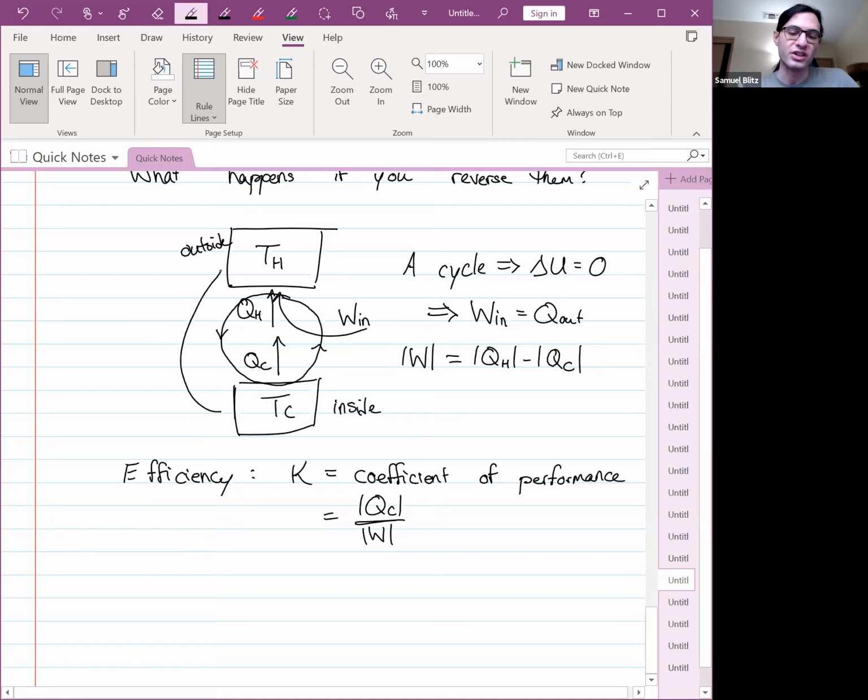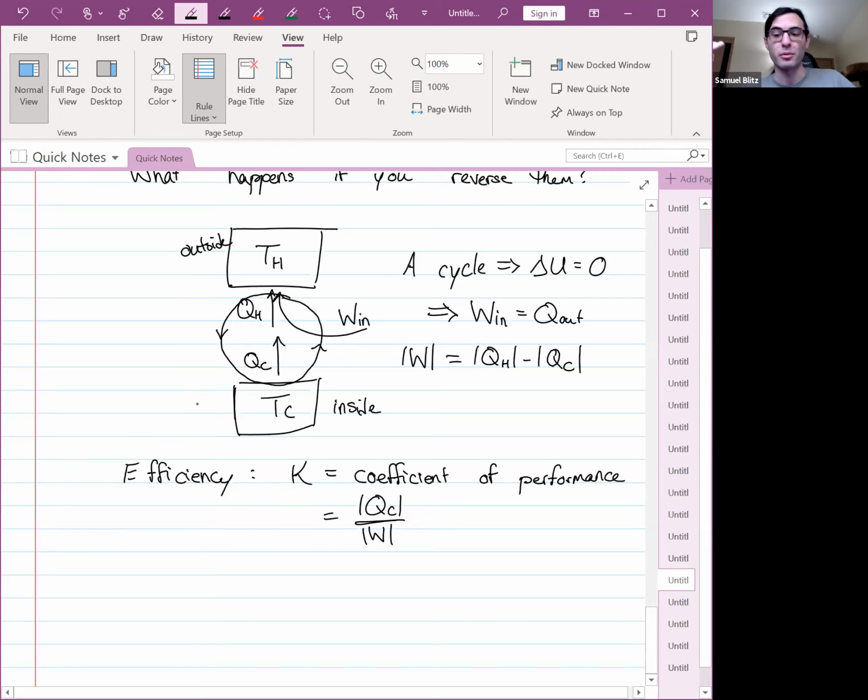But all of that energy is still going to the hot environment. So really, the energy that's wasted is all of the work, and all of the energy that goes from the cold environment to the hot environment.